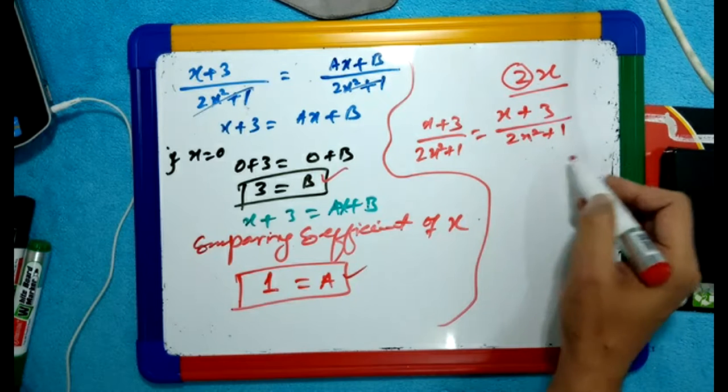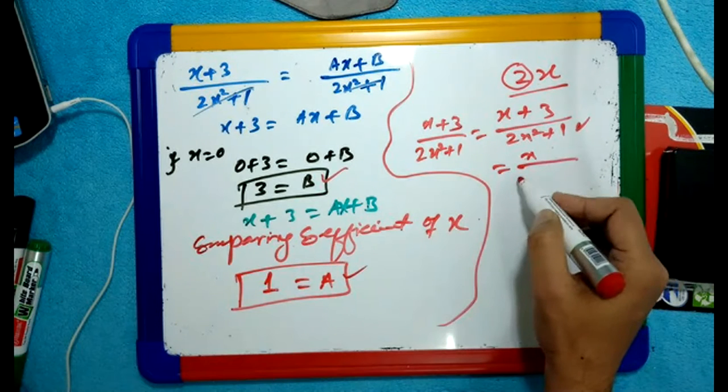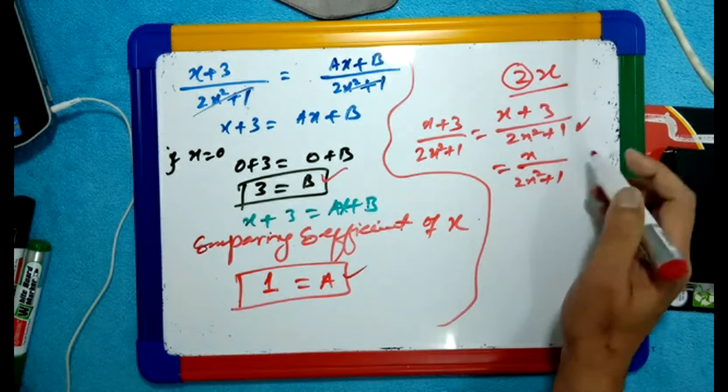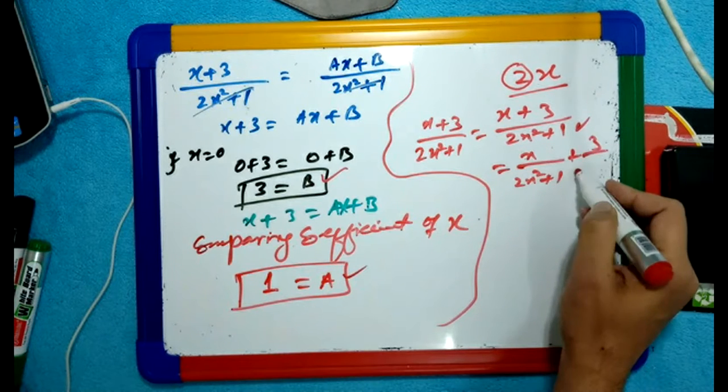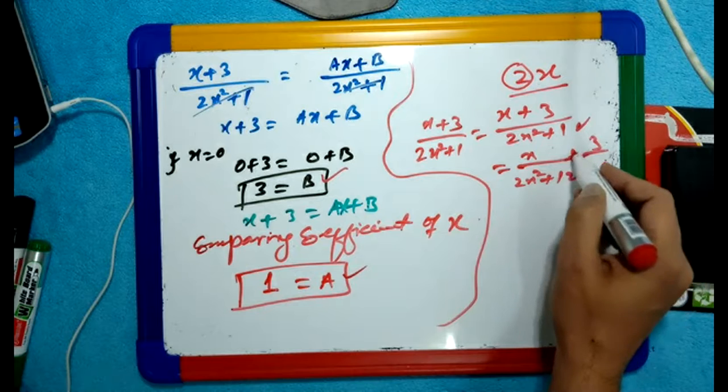So the same thing comes. You can do it like this, but they will give you some more complication. So you can write this over plus 3 over 2x square plus 1.